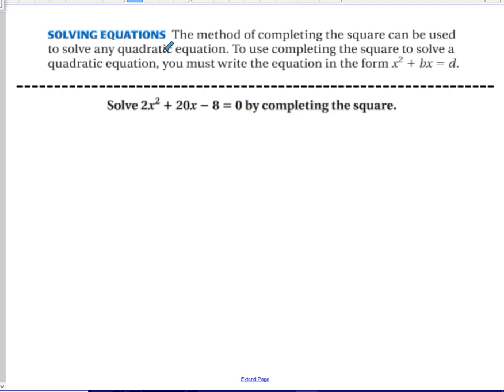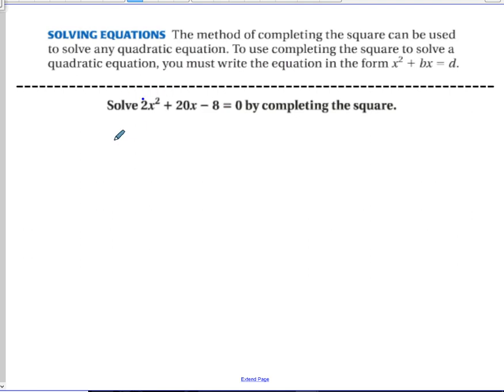So the first step that I am going to do when completing the square is I am going to look and see if I can factor anything out of my trinomial, okay? In this case, I want to get rid of this 2, okay?